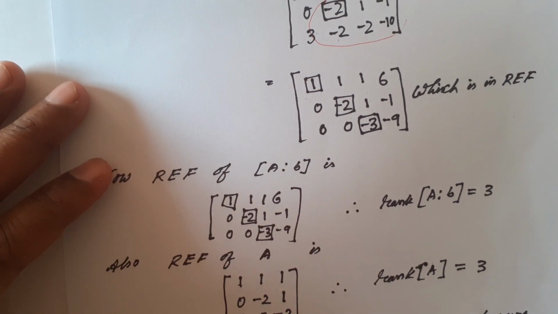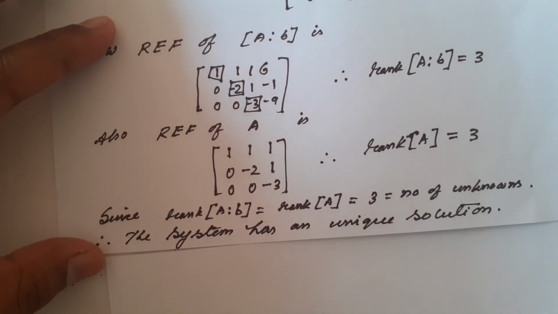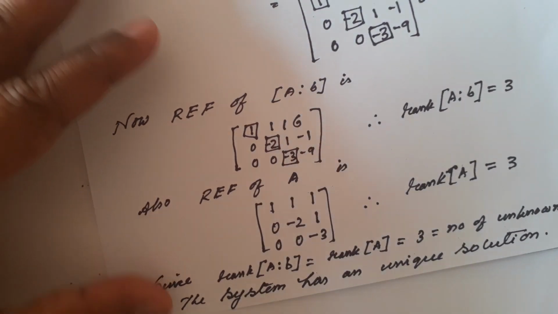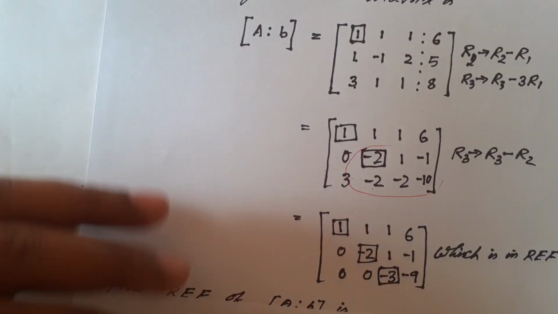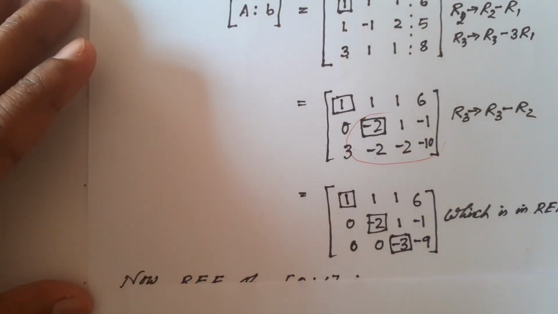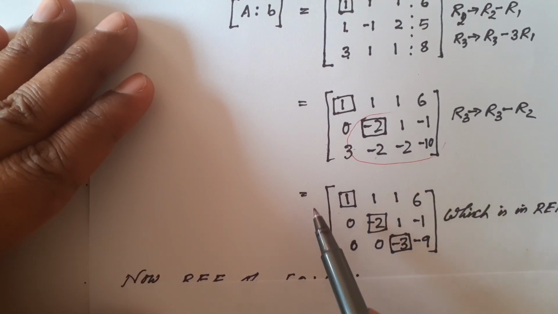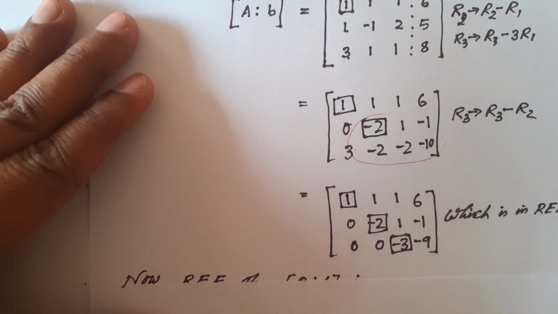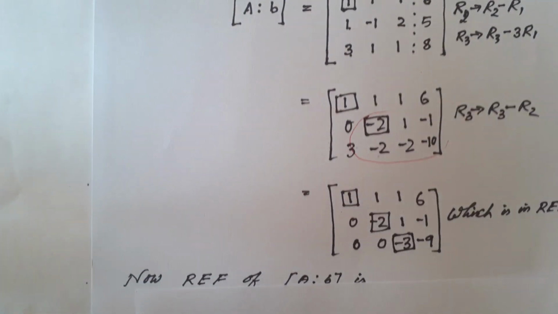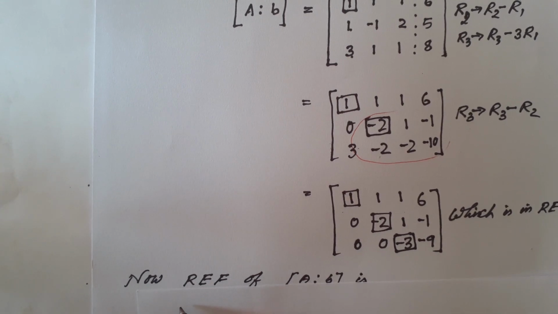To find the solution, how to write down the solution? We are again going back to the row echelon form of the augmented matrix. So this is the row echelon form of the augmented matrix. We will use this to get the solution. Looking at the last row, it is 0, 0, minus 3, minus 9.